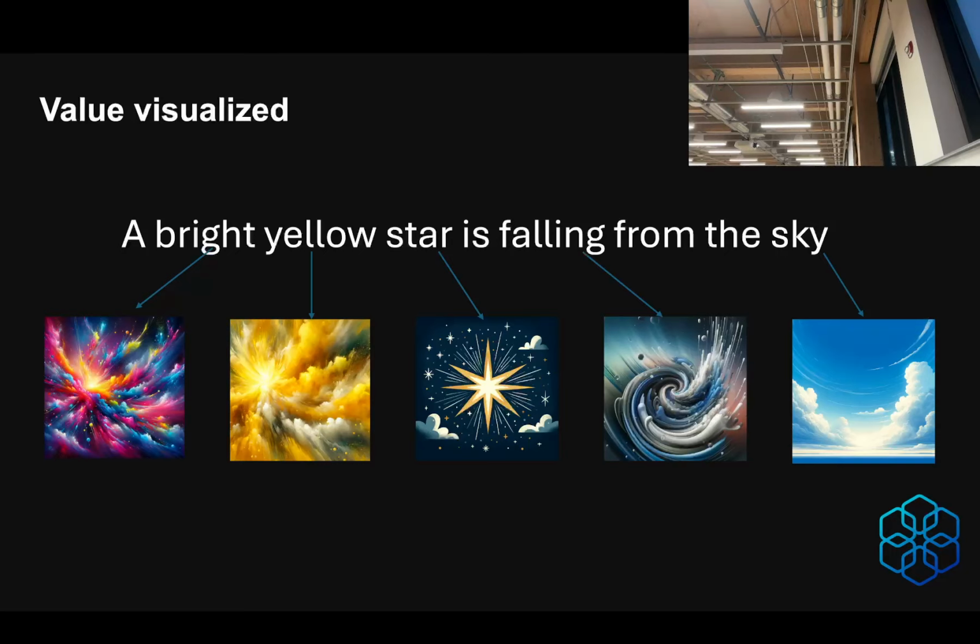So these were all AI generated. I would just put in a word, and then it would generate an image. And so this is an abstract term for bright, an abstract term for yellow, star, falling, and then sky, or like this one. But on their own, they don't mean much, right? So you take a look at every single one of those, and you're like, okay, cool.